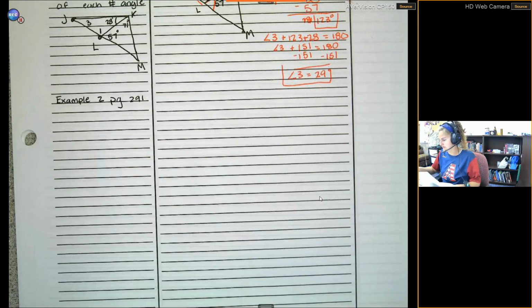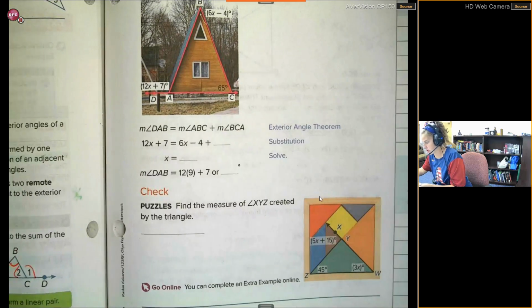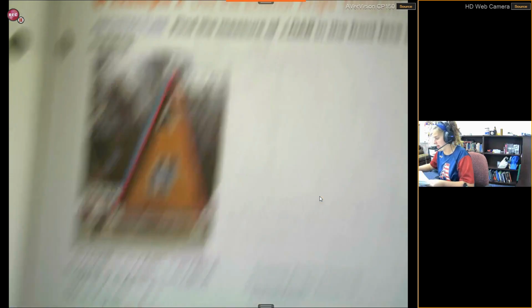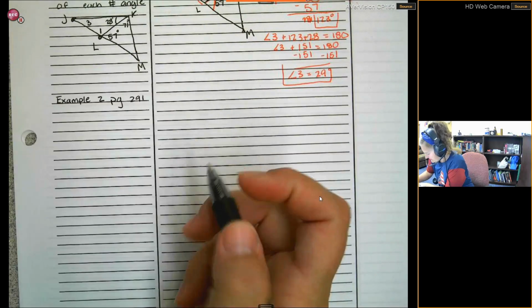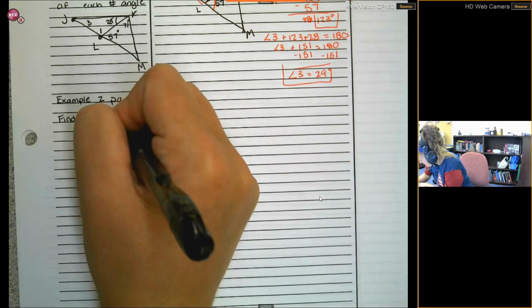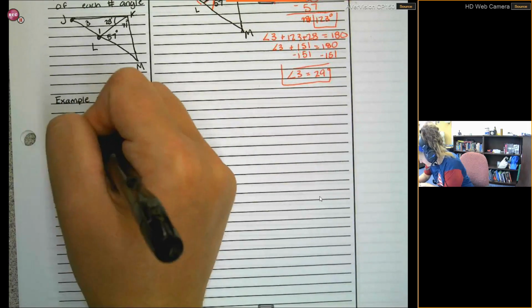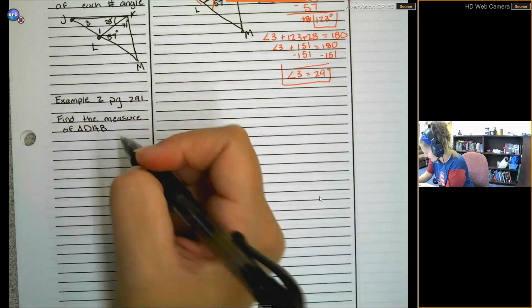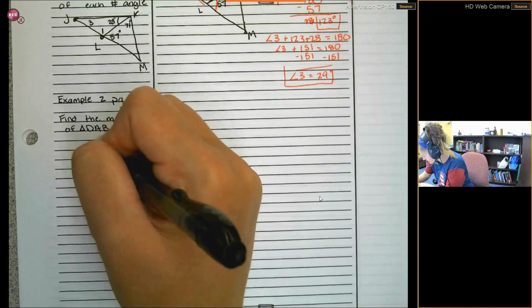This is what example 2 looks like. It says, find the measure of DAB in the front face of this building. So I'm going to draw just the triangle, not the whole house. You're welcome to draw the house if you want. So find the measure of DAB, and we have this cute little triangle house.